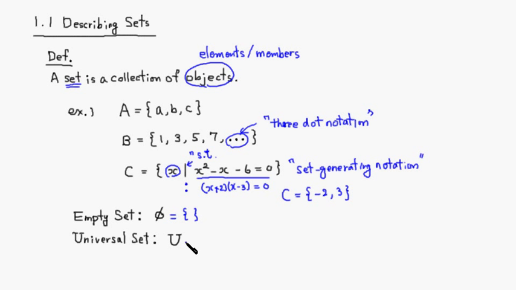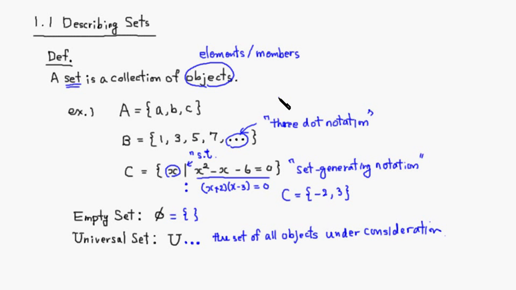The notation is usually U. U is the set of all objects under consideration. So if you're talking about alphabets, the universal set would contain all alphabets.